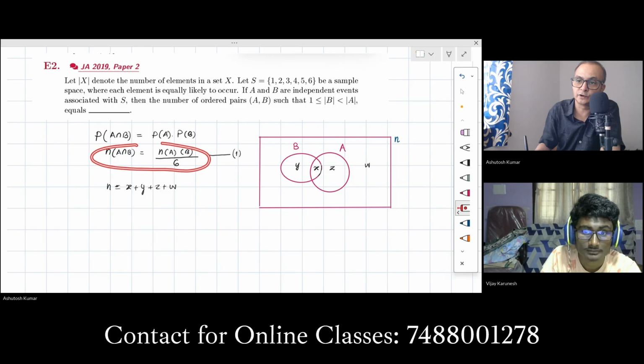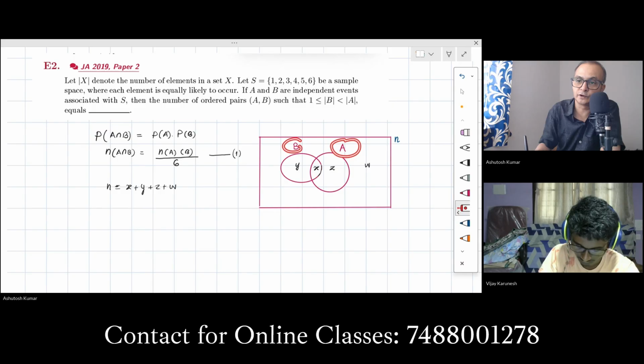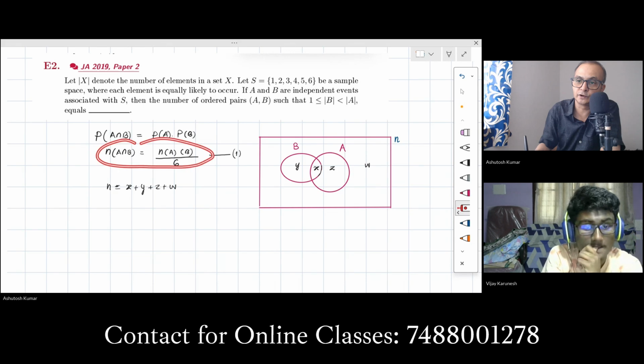Suppose you apply this condition, and according to it you are distributing these numbers into these areas, X, Y, Z, W. So automatically you are finding such pairs, A and B. So the number of ways you are distributing is actually providing you the number of ways you are finding the pairs, under this condition. You understood this point?